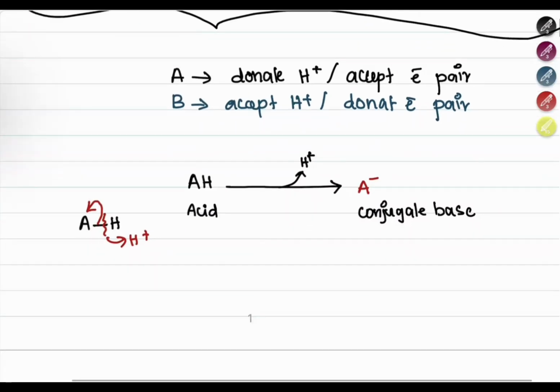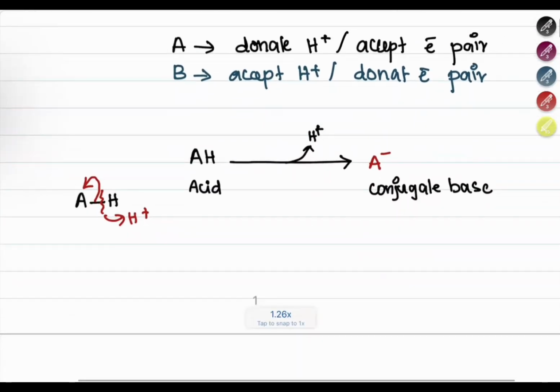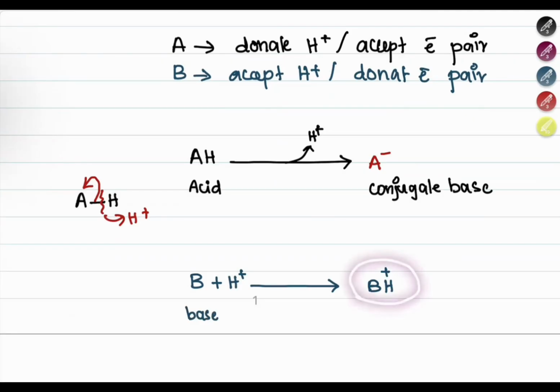Okay. This will happen in the case of a base also. So a base is an acceptor of H plus. Suppose B is a base and B is accepting an H plus ion, that is a proton. What will we get? We'll get BH plus. So initially we had a base and it accepted H plus. Now if you look at the end result, we got a positively charged species.